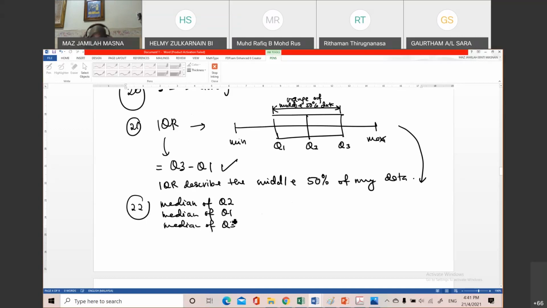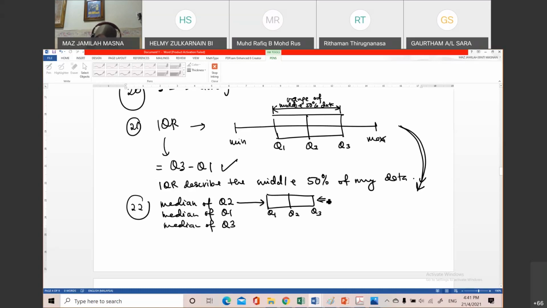Now, what is this actually? Median of Q2, median of Q1, median of Q3. Now, class, I use this illustration for this particular question. Here we are talking about Q1, Q3, and the median is Q2. This is the median, Q2.